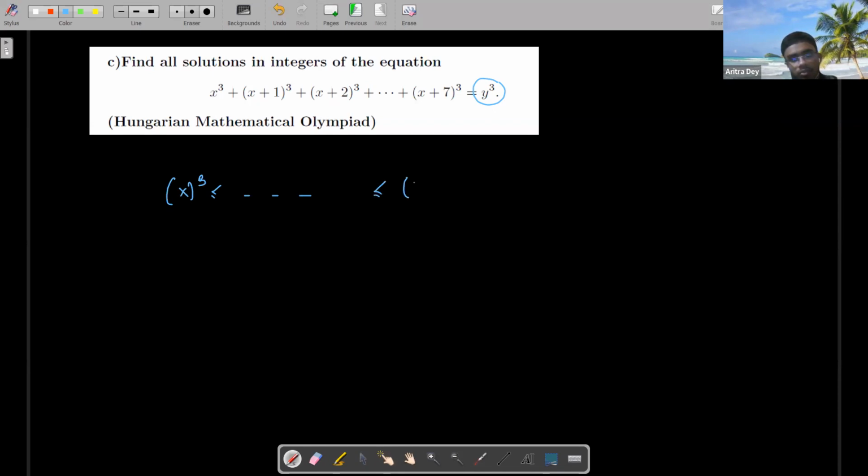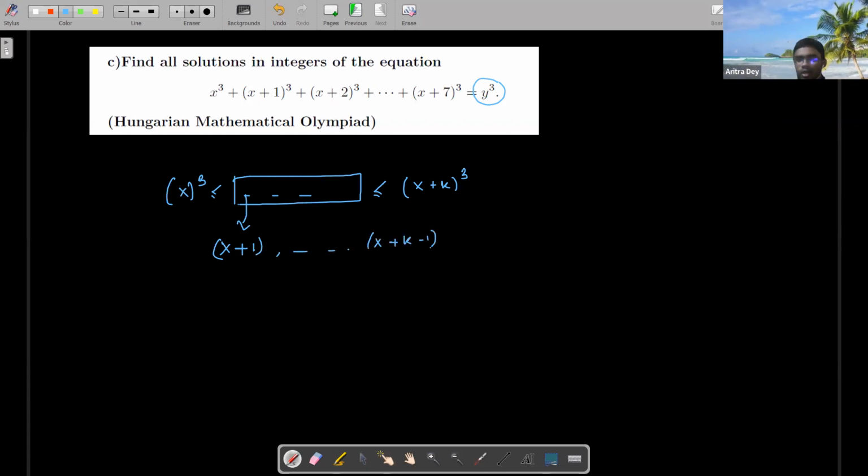Suppose I bound it between x cube and x plus k cube. Then I can guarantee that the stuff that lies in the middle will be x plus 1 cube, or x plus 2, or so on up to x plus k minus 1.